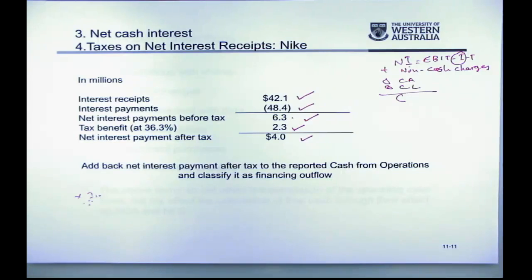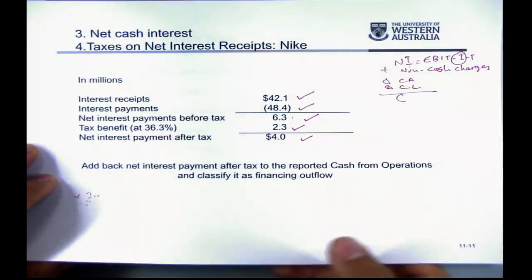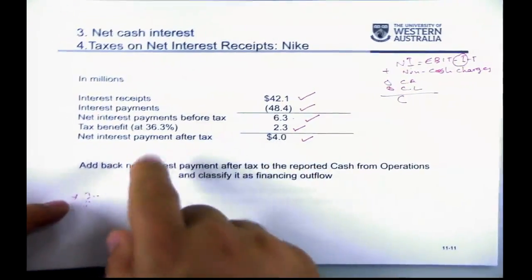Okay? You can calculate the interest paid and interest received by taking the interest income, for example, minus or plus the change in the interest receivable, if it is available in the balance sheet. And the same applies to the interest expense, plus or minus the change in interest payable. It depends. Okay? So this amount needs to be added because it is a net interest paid.